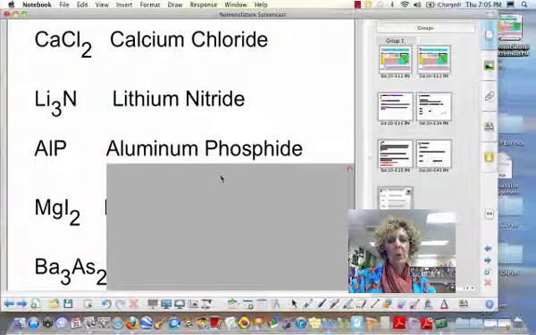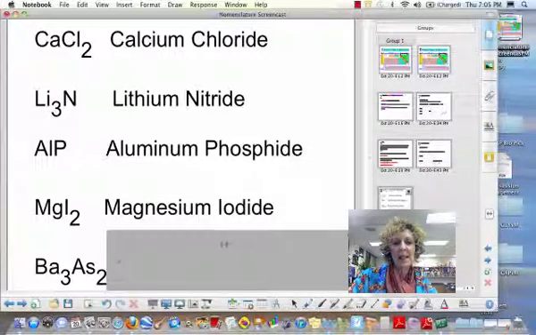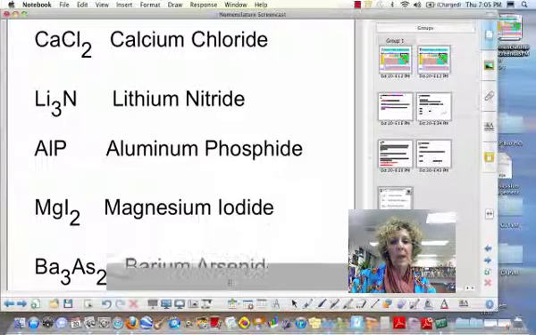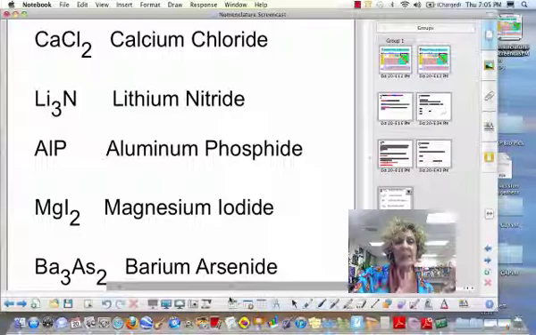MgI2 would be magnesium iodide, and Ba3As2 would become barium arsenide. All right? So that's actually kind of the easy part, being able to say the name from the formula.